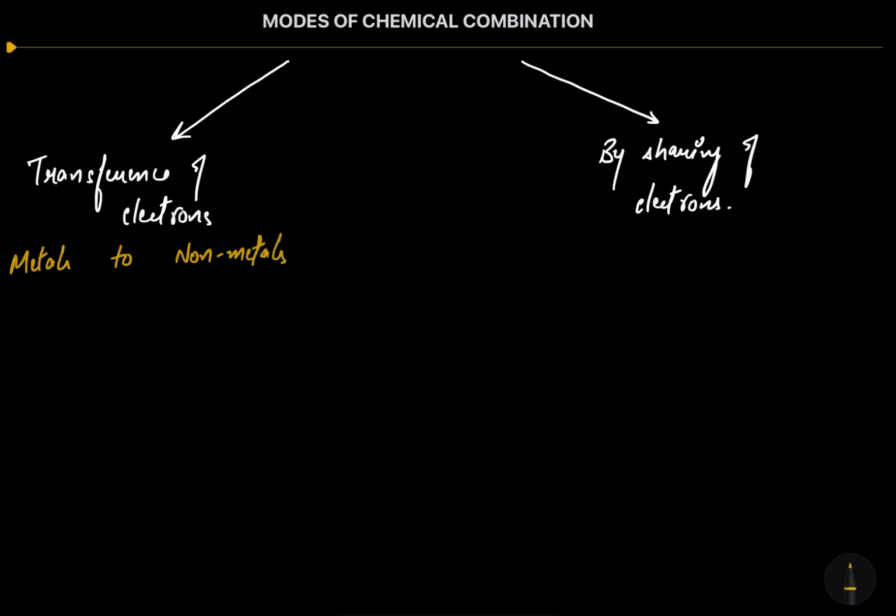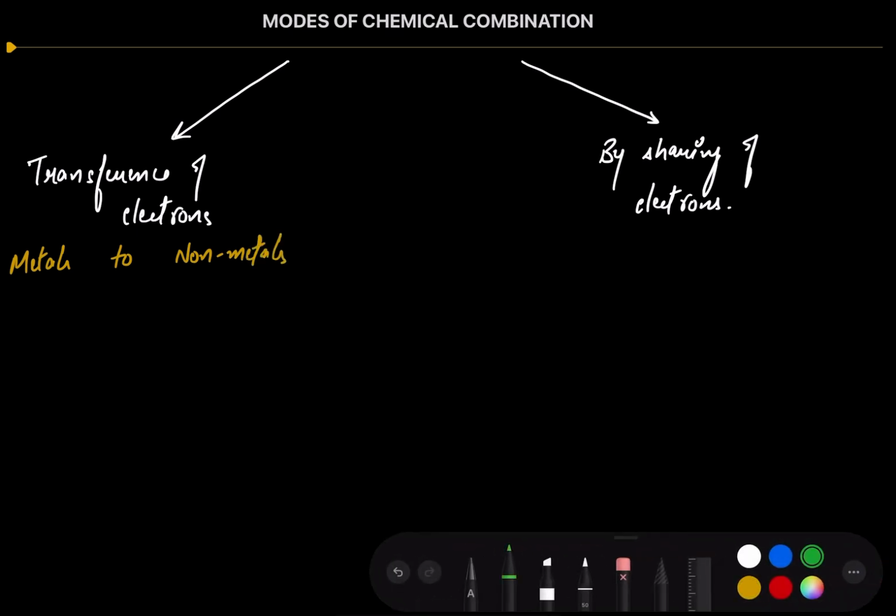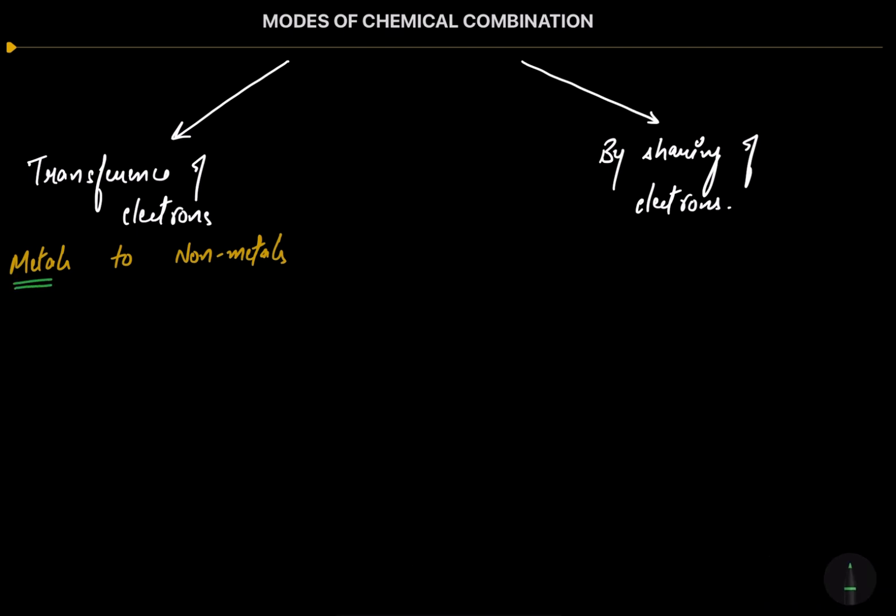In the previous lectures, we have studied what we mean by metal in terms of electrons. The elements which have a tendency to lose electrons are all metals.